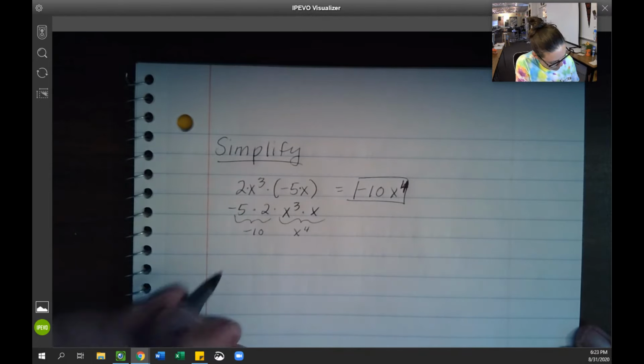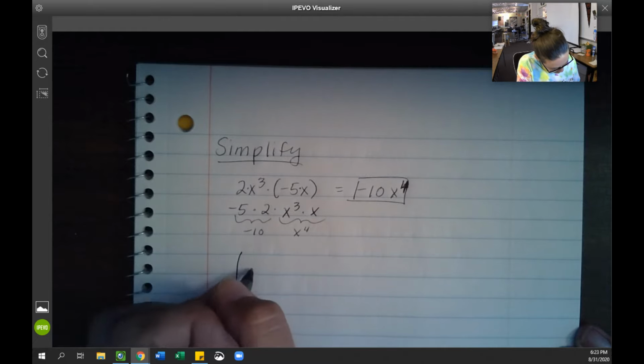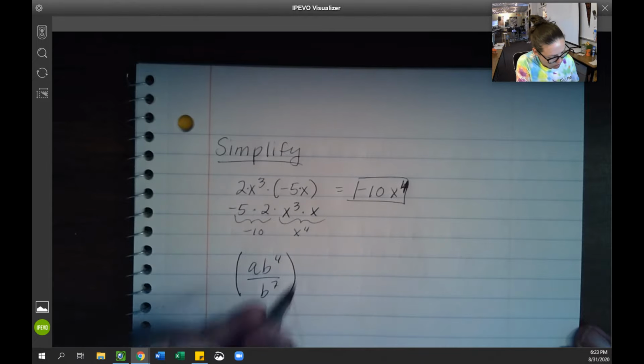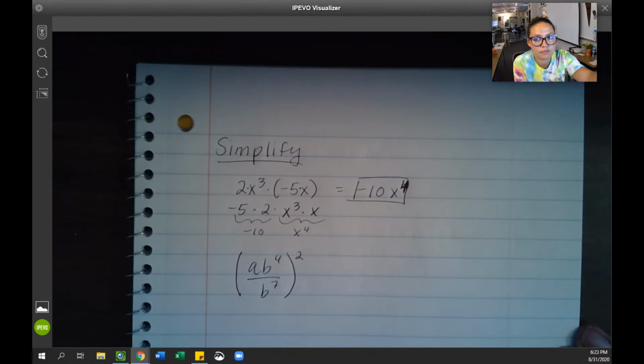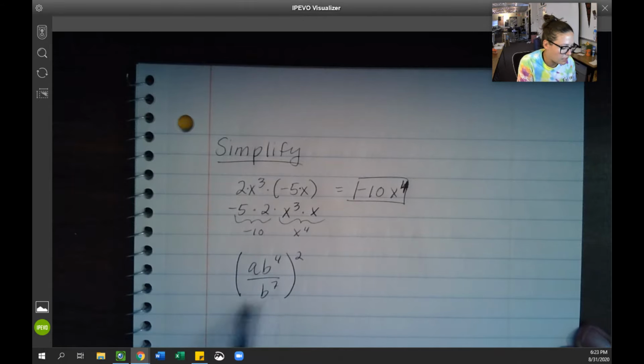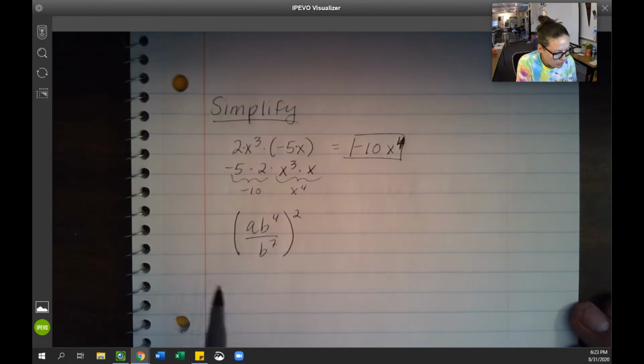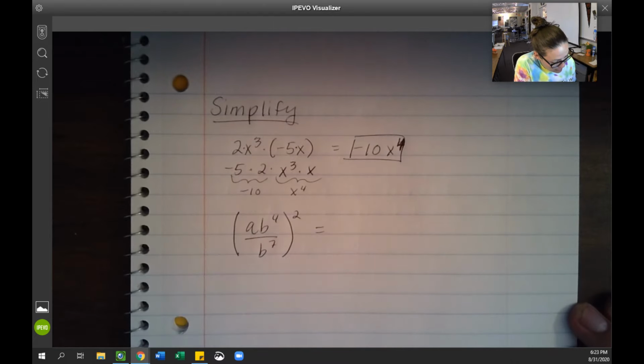All right, let's try this one. a, b to the 4th over b to the 7th, all squared. So first of all, let's look inside this parentheses. Is there anything I can do to simplify this? Yes, look at, I have 2 powers of b being divided, which means I am going to subtract.